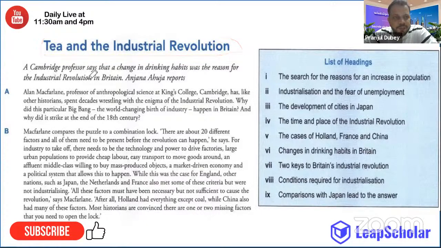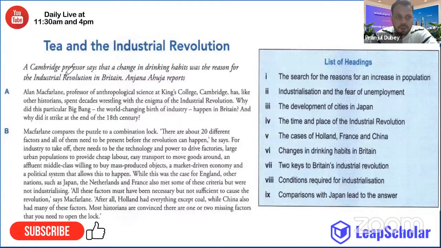A Cambridge professor says that a change in drinking habits was the reason for the Industrial Revolution in Britain. Anjana Ahuja reports. So some professor in Cambridge says that a change in drinking habit was the reason for the Industrial Revolution in Britain. Now your schema, your ideas start to pump in, right?